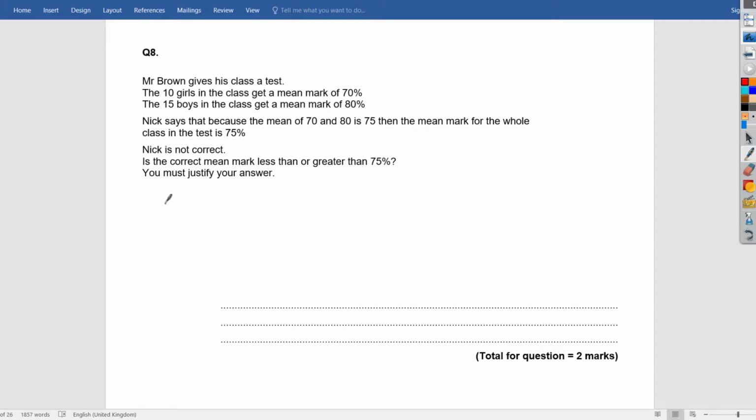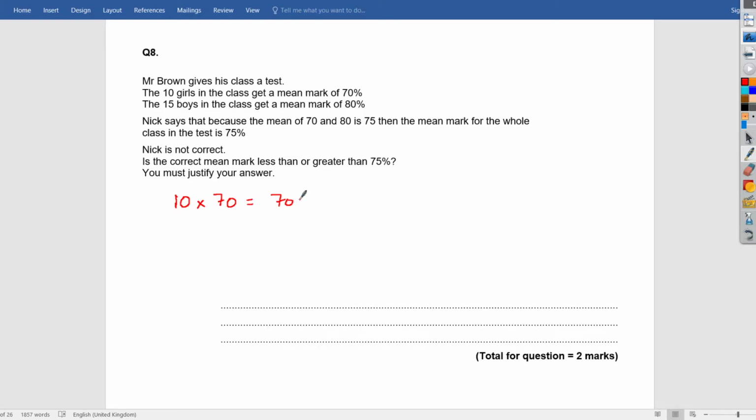So again, let's say 10 girls, and let's say they got 70%, so 70 marks in each paper. So let's see what the total marks were. It's 10 times 70, that's going to give me 700.